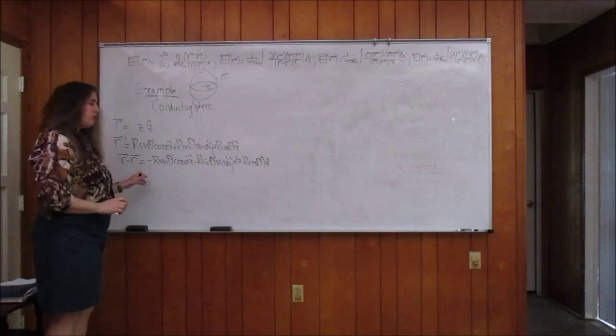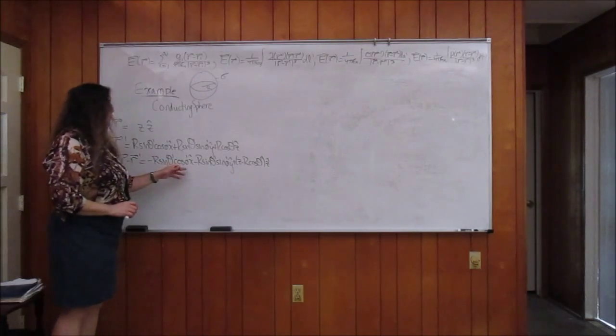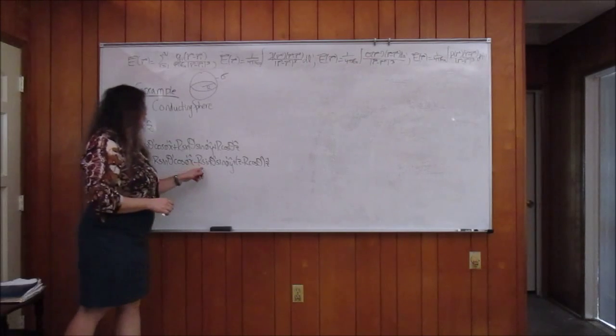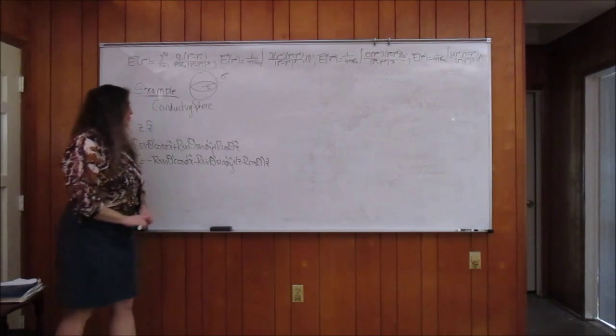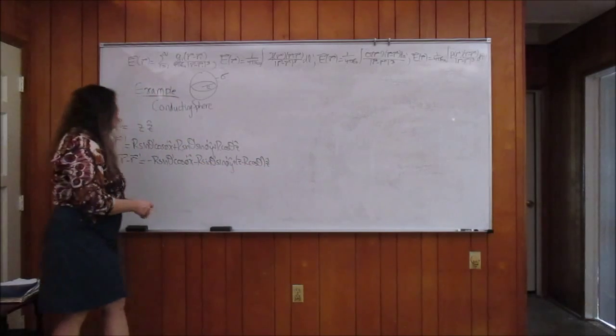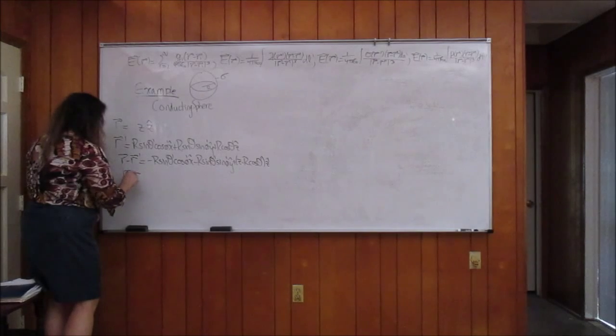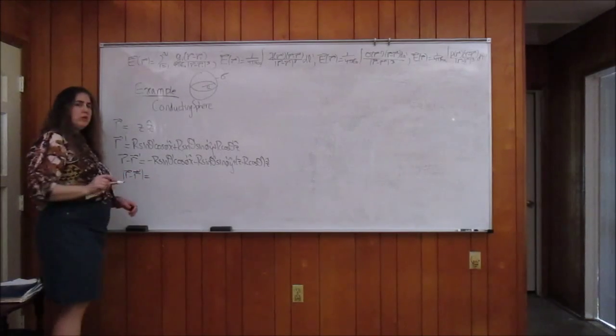And therefore, my separation vector is equal to minus radius of the sphere times sine theta prime cosine phi prime in the x direction, minus radius of the sphere sine theta prime sine phi prime in the y direction, plus z minus r cosine theta prime in the z direction. Let's take the magnitude. Magnitude gives me the square root of the sum of the squares.